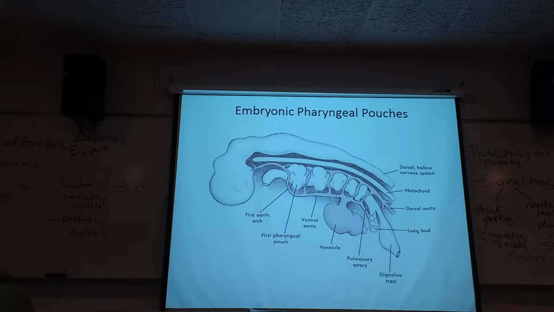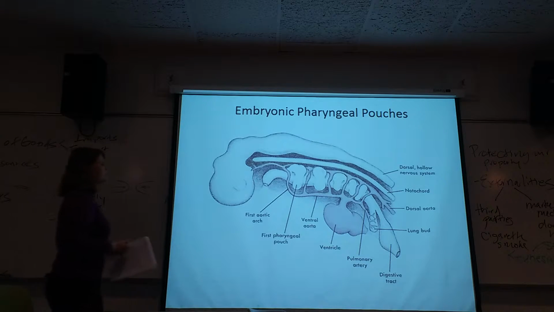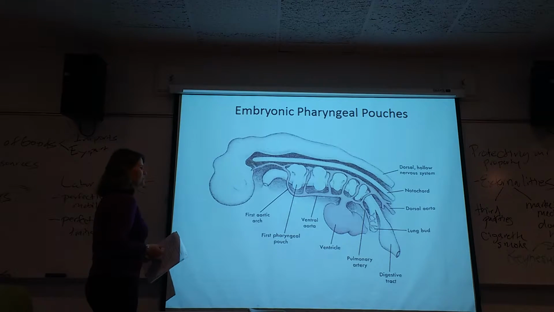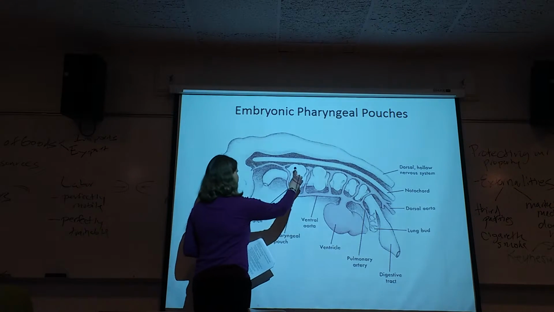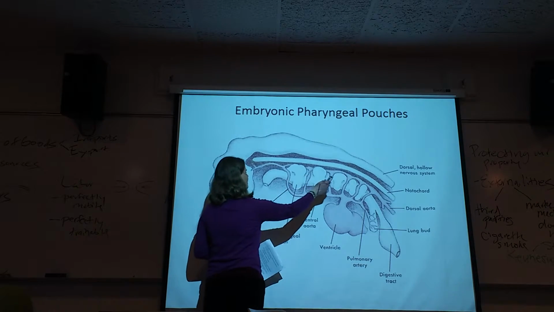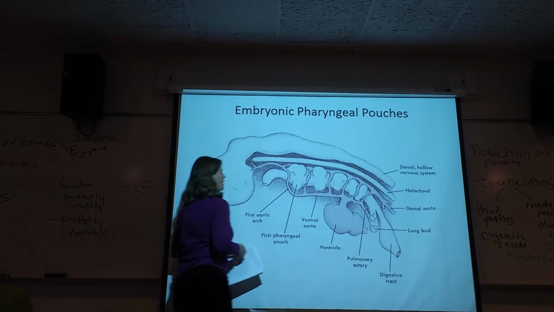Okay, so this is a diagram showing you a lateral view of a typical vertebrate embryo, with these pharyngeal pouches. So you can see here, there's 5 of them generally. So here's the first one, second, third, fourth, and fifth.